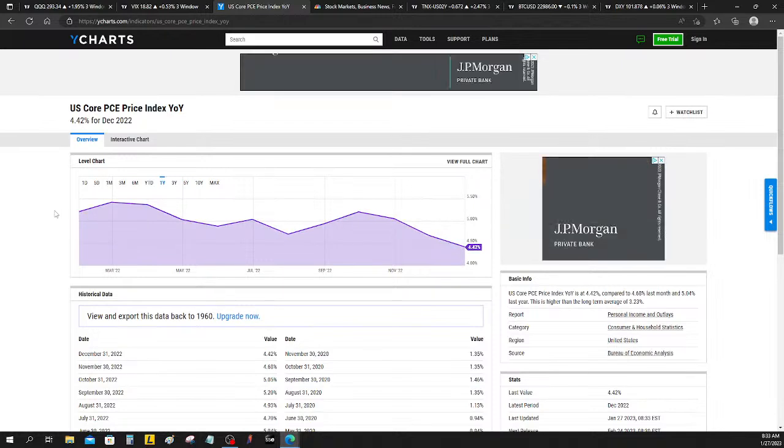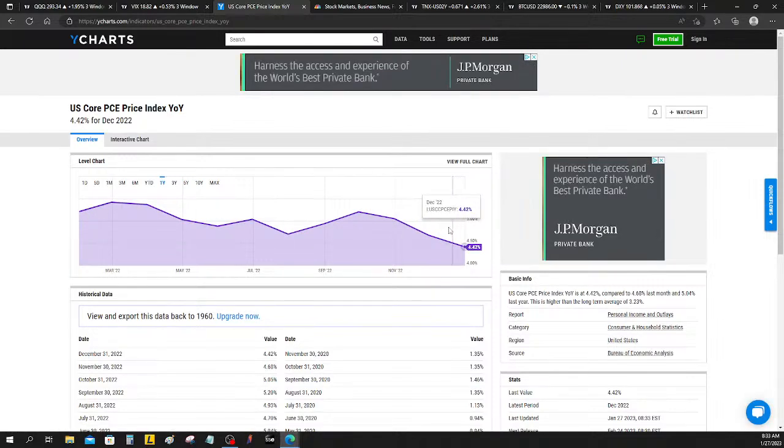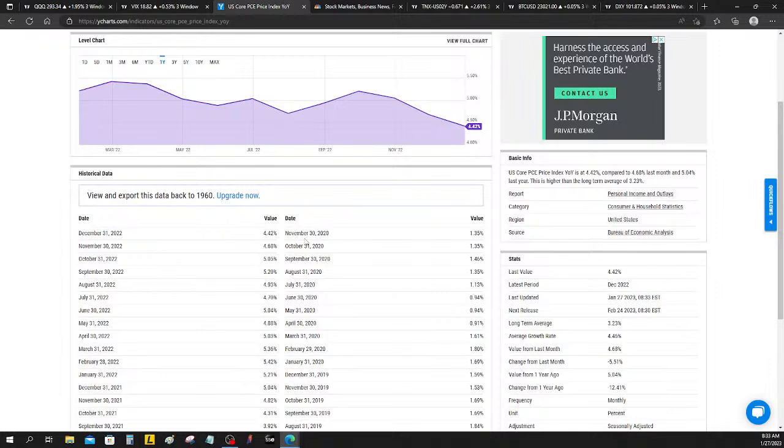December. Okay. 4.42%. And that's down from, let's see, we've got November of 2022, December of 2022. And I think it's expectation, that's down from 4.68 and down from 5.05.